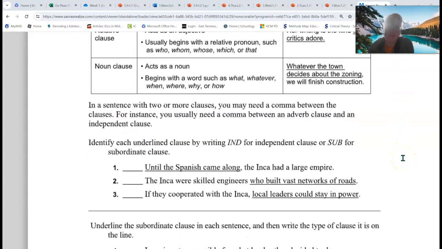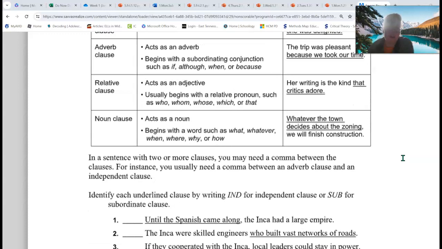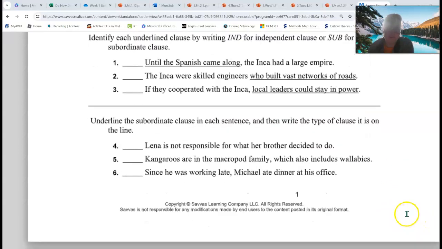So this seems like a dependent clause. We look for the word for. We don't see the word for, but that's okay. So we underline the clause for what her brother decided to do. That is what Lena is not responsible for.